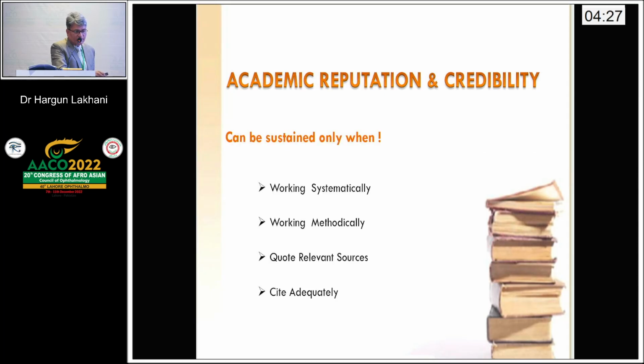How can an author sustain their credibility? Only by working systematically and methodically, quoting relevant sources from where the knowledge or the phrases or the data is taken, and appropriately citing those references. Then the author can sustain their credibility.